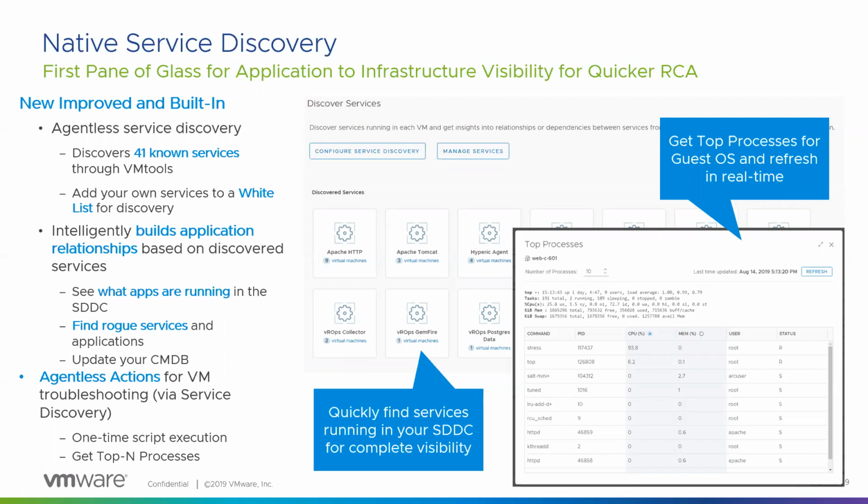The nice thing I like about that is, if you wanted to run a script, say to interrogate the file system, df -h, to find out how much room is left on the various volumes on the file system, instead of logging into the OS to do that, you can just do it directly from vRealize Operations, get the result back, and see that.